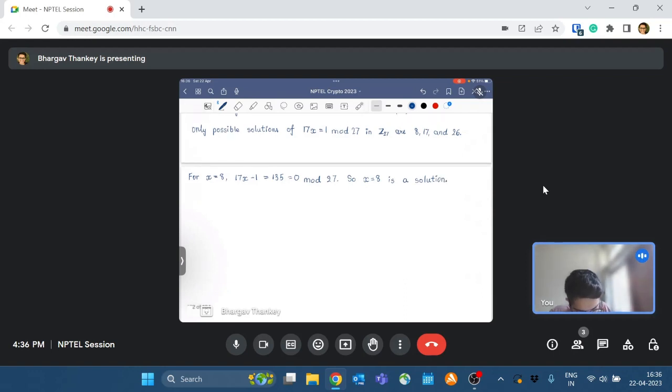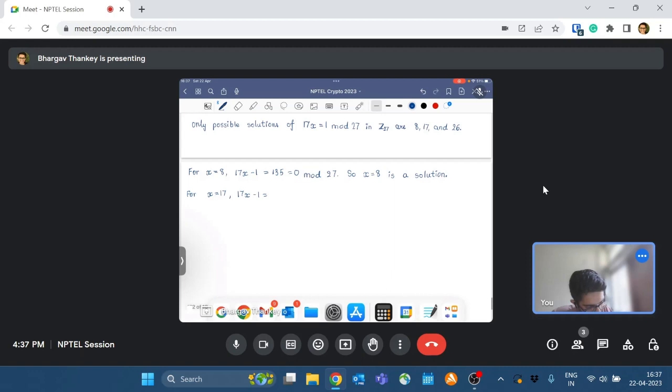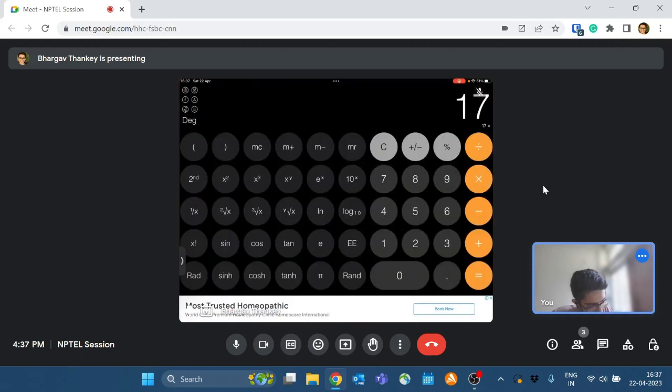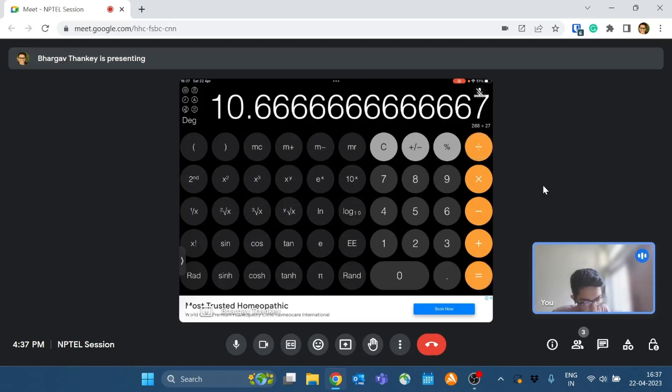What about x equals 17? 17x minus 1 is 288.